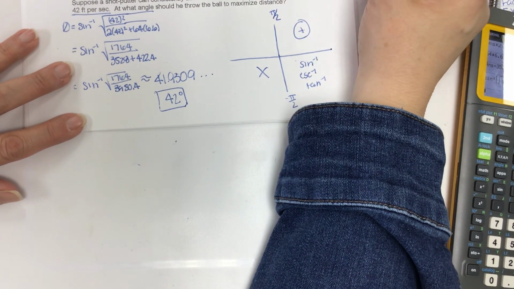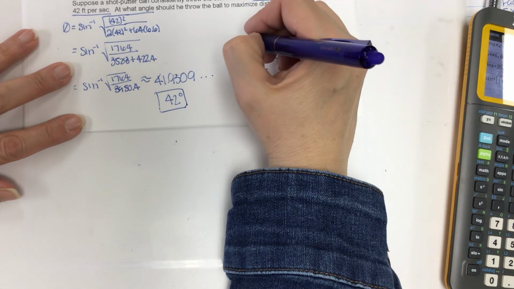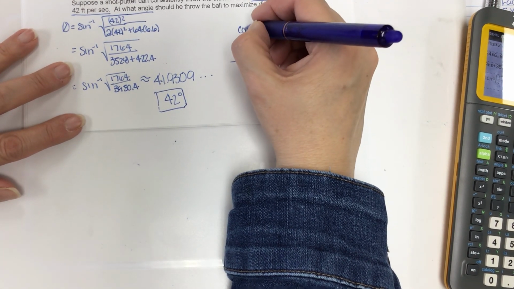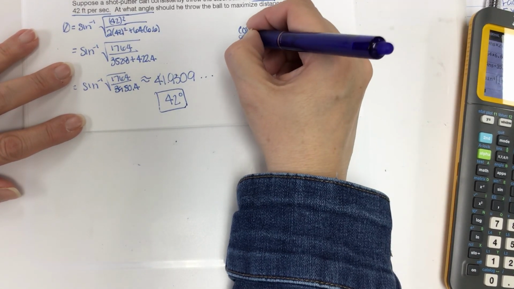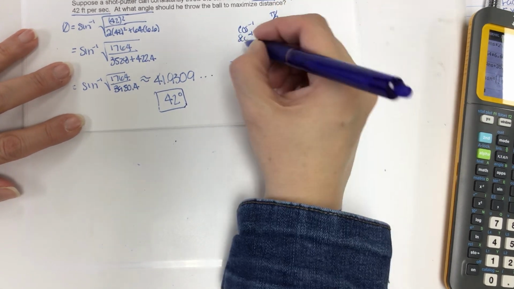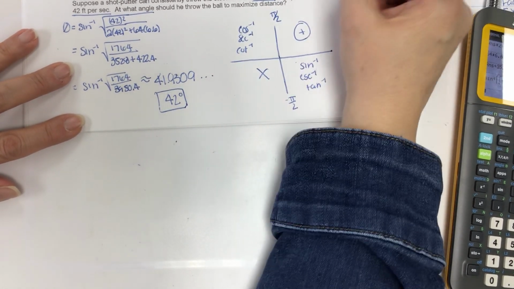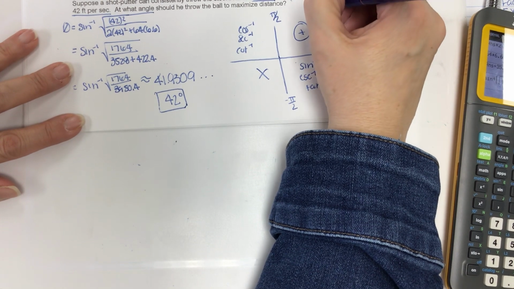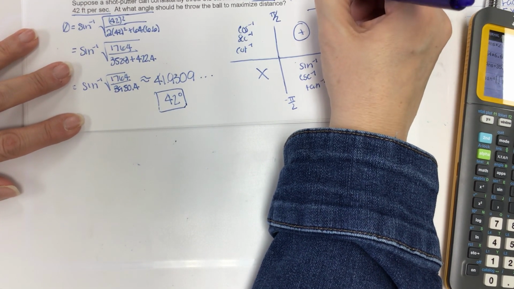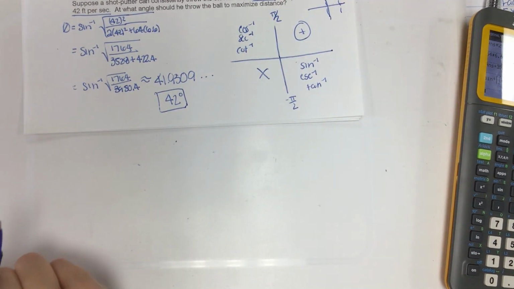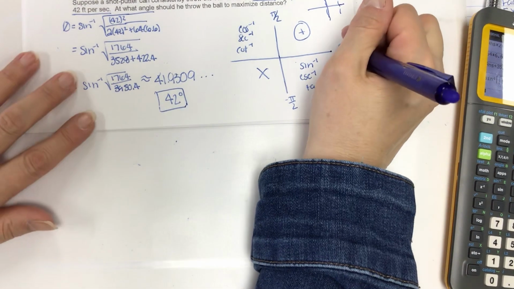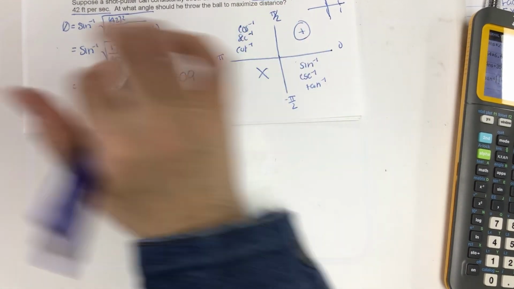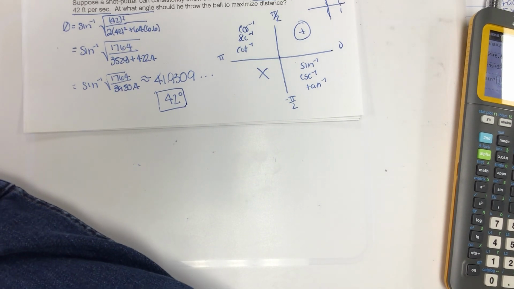Everybody remember that? In quadrant 2, we have cosine, and then, of course, secant, and then cotangent. So remember, cotangent had asymptotes at 0 and at pi. And that's how we know it's there. And that would be between 0 and pi. Yes? Questions?